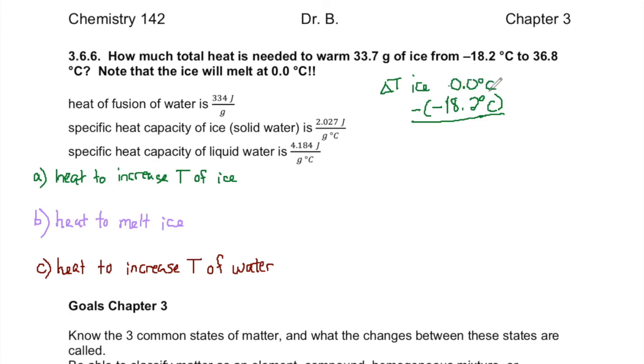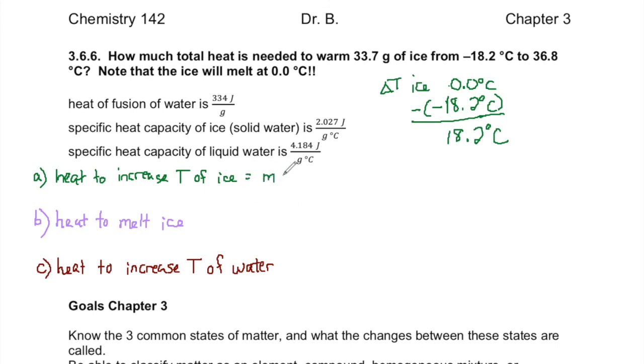After that, we can't change the temperature of the ice anymore because the ice will melt and we'll have water. So the final temperature of the ice minus the initial temperature of the ice gives us an 18.2 degrees Celsius increase. It's a positive change in the ice temperature. So it's going up by 18.2 degrees Celsius to get to 0.